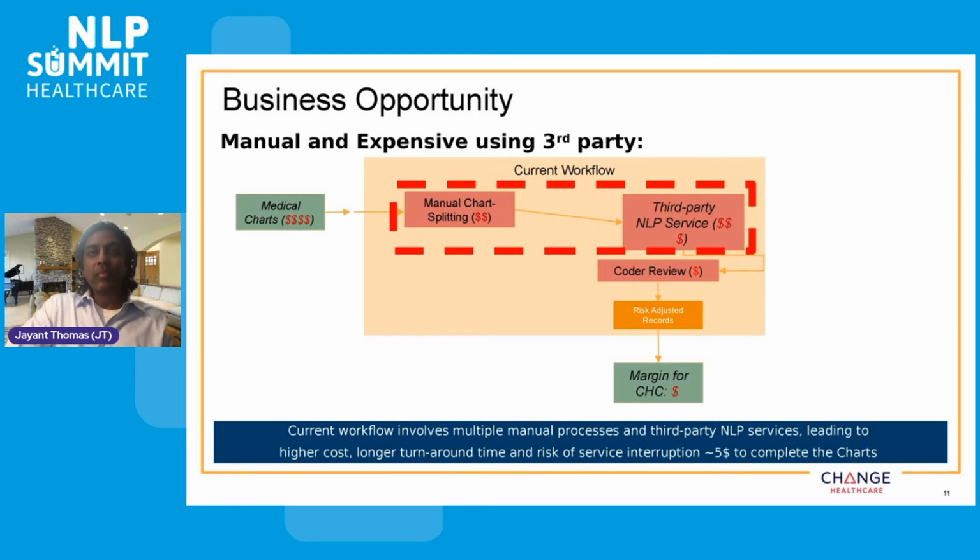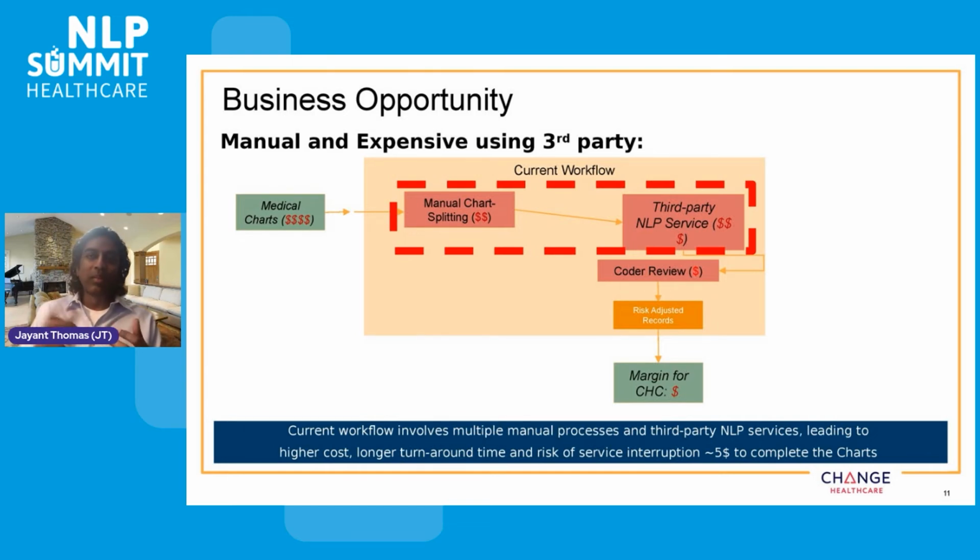So let me now switch to how it helps in a real world scenario. I'm just going to use a small example, where today in our business unit, we manually split some of the patient records and then feed them to a third party service to do some additional NLP, extracting ICD codes, things like that. So that's the opportunity that presented to us, and it was a pretty manual process.